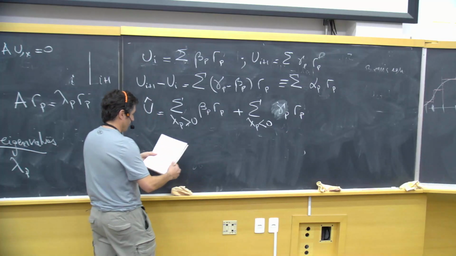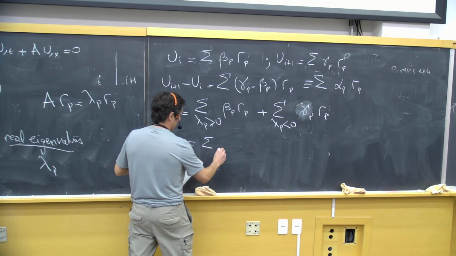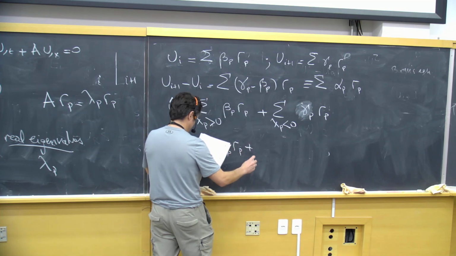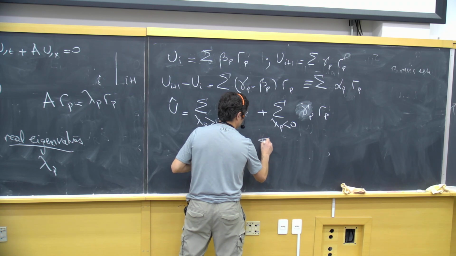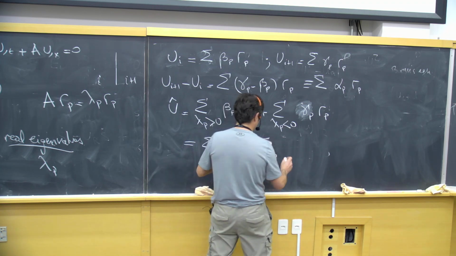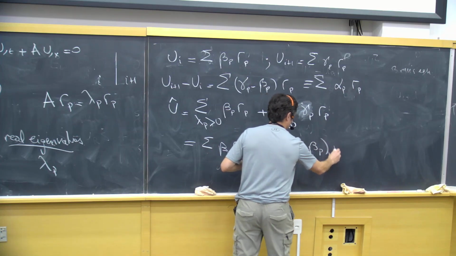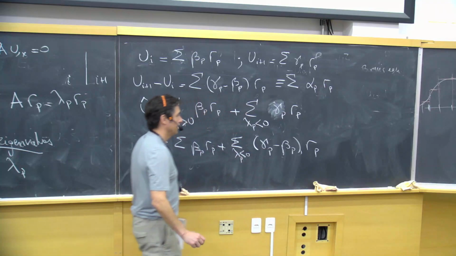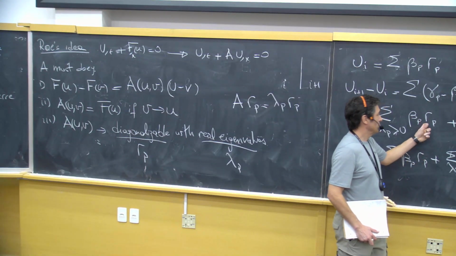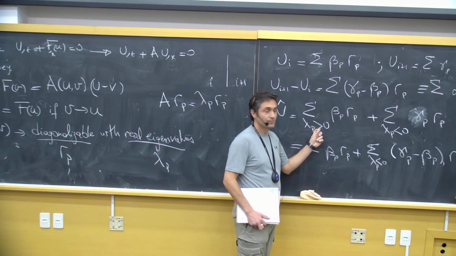So I can write it this way. The sum over all lambda p of BP, RP, plus the sum over lambda p less than 0. The only thing I did is just add and subtract to this one the piece that has the opposite sign.